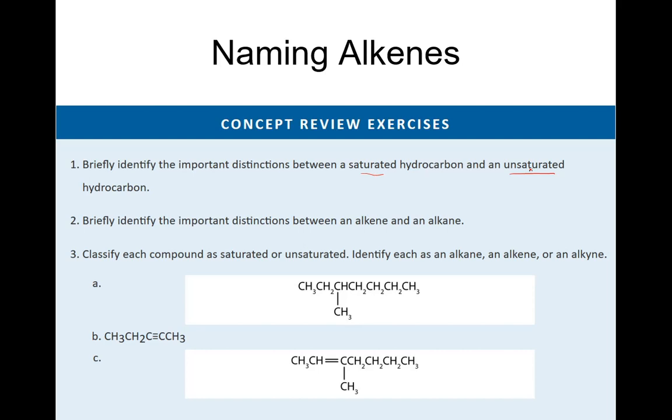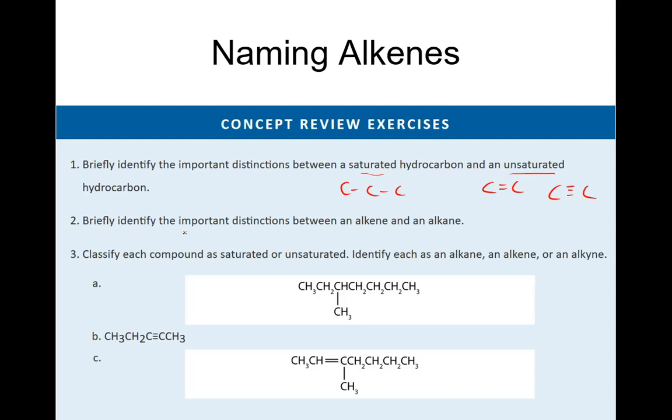Unsaturated means that there are some carbons that are doubly bonded or triply bonded, meaning that there are electrons present in a multiple bond that could, if the need arises, be distributed to engage with further bonding, allowing other atoms to add on. So saturated simply means single bonds between the carbons. Unsaturated means there might be a double bond, or indeed, as we'll see in the next set of slides, there could be a triple bond.